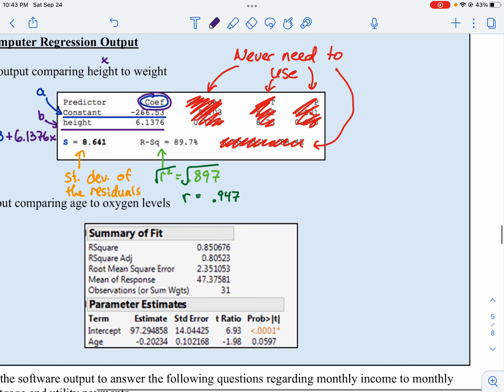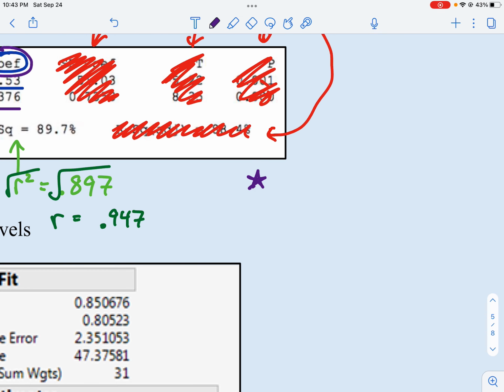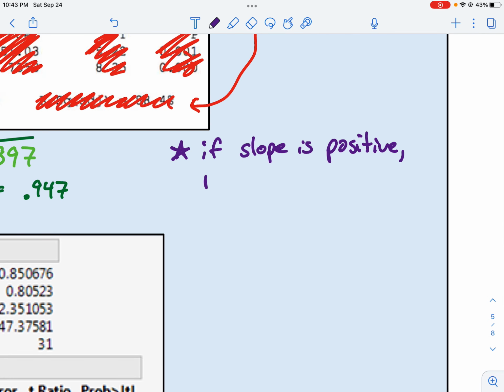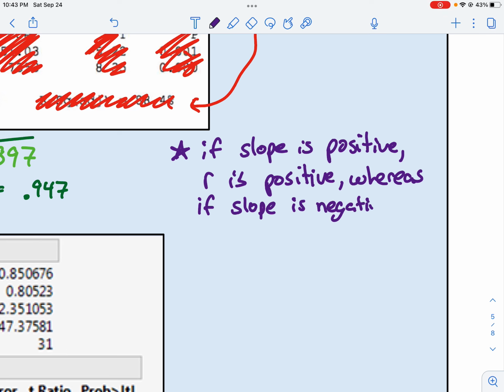And I'm going to put this as a little note here. If slope is positive, R is positive. Whereas if slope is negative, then R is negative.